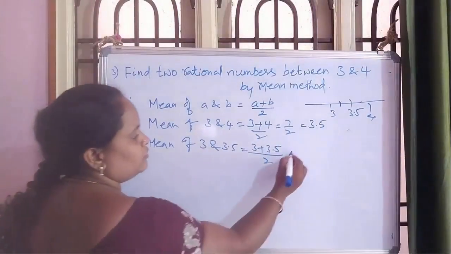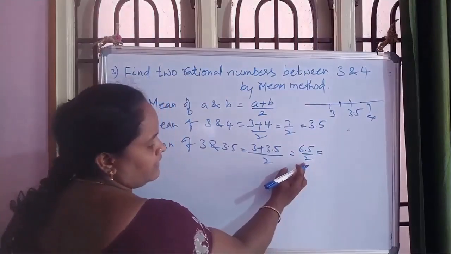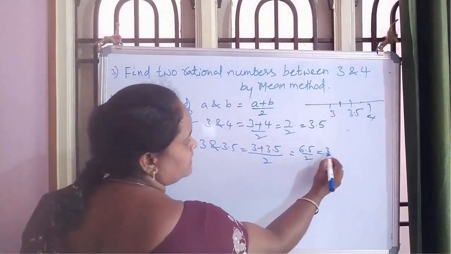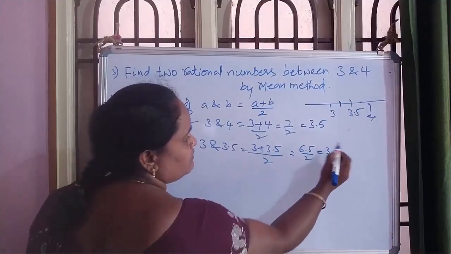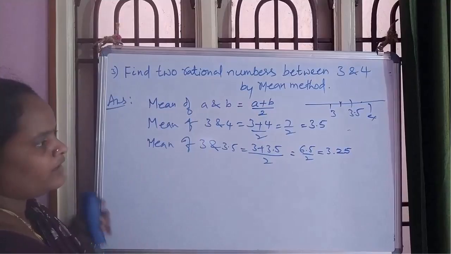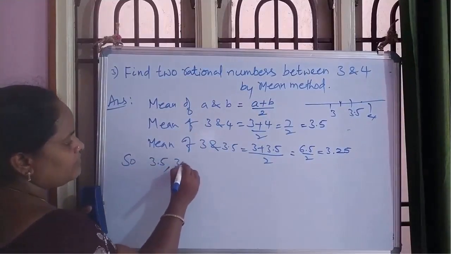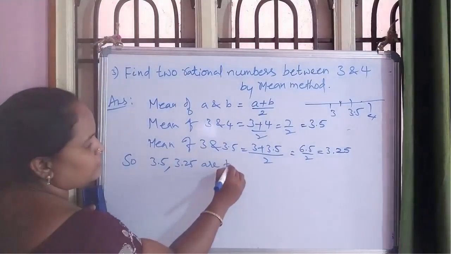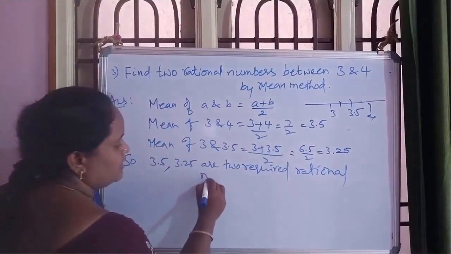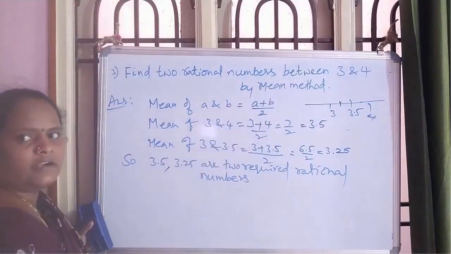Total quantities are 2. 3 plus 3.5 is 6.5, divided by 2. If I divide by 2, I will get 3.25. So 3.5 and 3.25 are the two required rational numbers between 3 and 4.